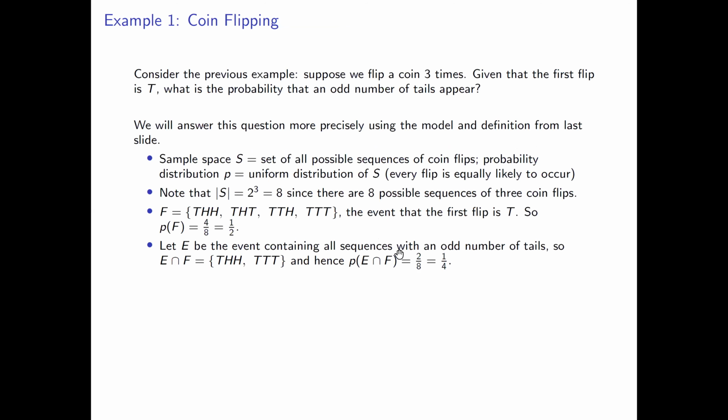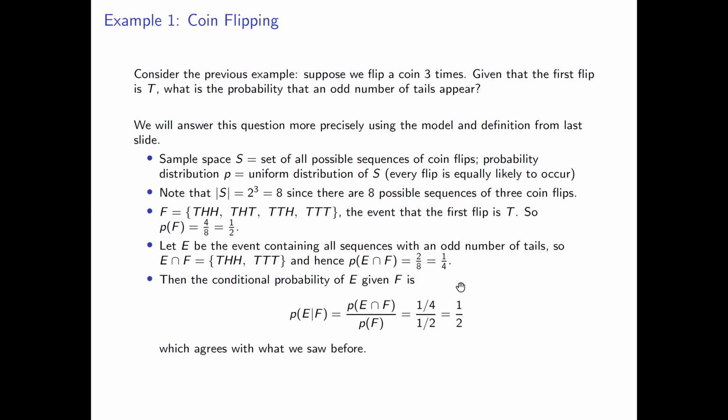So if E is the event that contains all sequences with an odd number of tails, we can just look at the events in F that have an odd number of tails, and that's the intersection. You can just check that there are 2 of them: tails, heads, heads, and then 3 tails in a row. And so what is the probability of this intersection? We have 2 elements, and we're dividing by the number of elements in the sample space. So it's 2/8, which is 1/4.